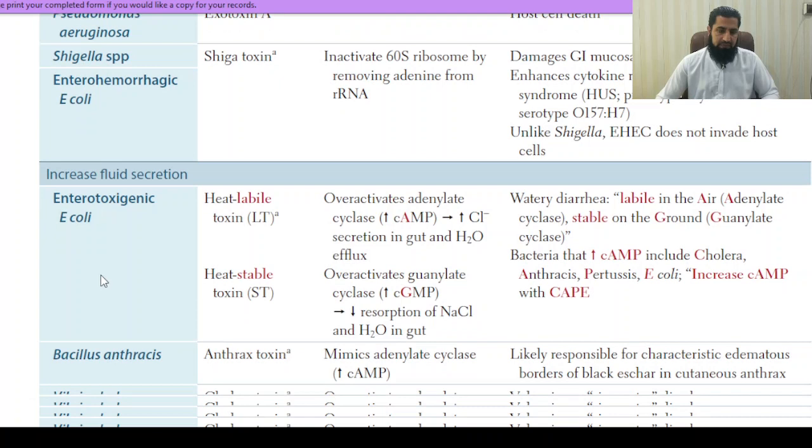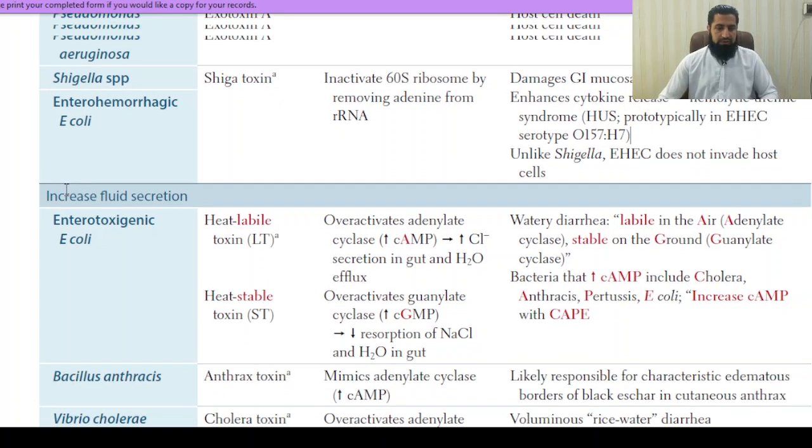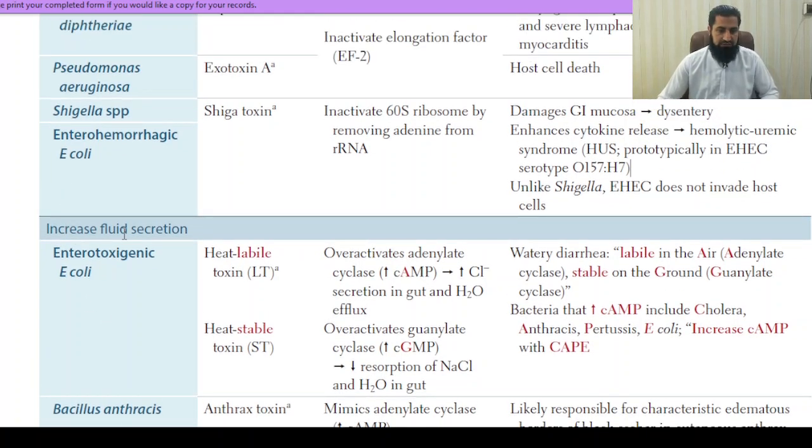Another thing, bacteria which increase fluid secretion. Enterotoxigenic E. coli has heat labile toxin, LT, and another type of toxin, heat stable toxin. The heat labile toxin activates adenylate cyclase, which increases cyclic AMP and increases chloride secretion in the gut.